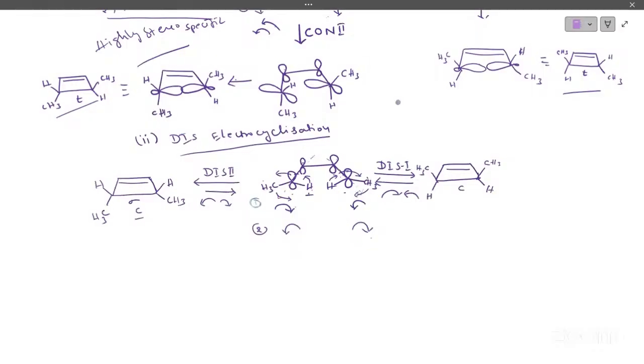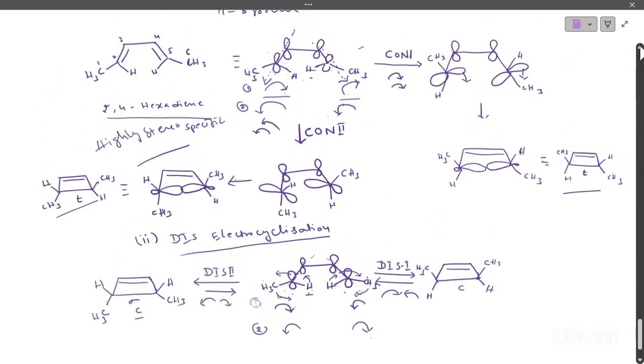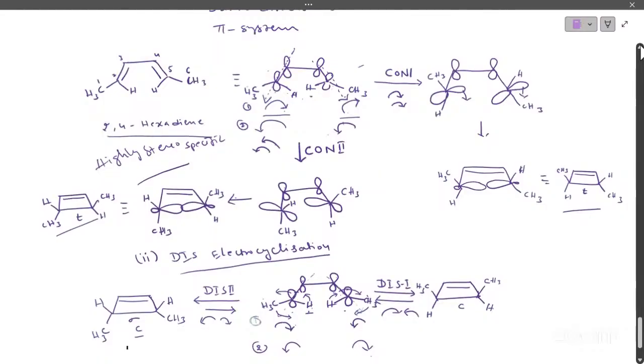If you look into here, when you compare the conrotation and the same molecule, if it follows the conrotatory electrocyclization stereochemistry, the product is trans product. Follows the conrotatory electrocyclization stereochemistry, right? It gives the trans product. Or if it is following this disrotatory electrocyclization stereochemistry, that gives the cis product. If you see that, you can clearly understand that the stereochemistry differentiates the products.